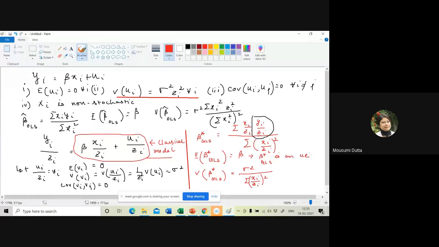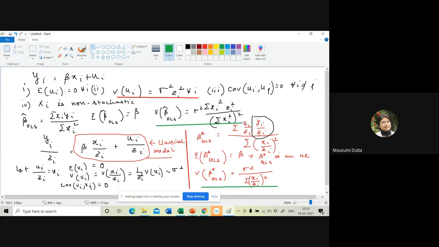So in the next step, we will compare the two variances. We have variance of beta hat OLS given by this formula, and we have variance of beta star GLS given by this one.